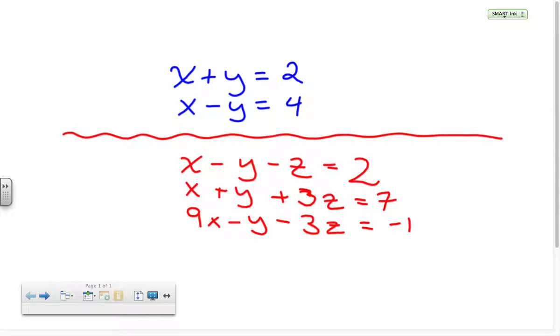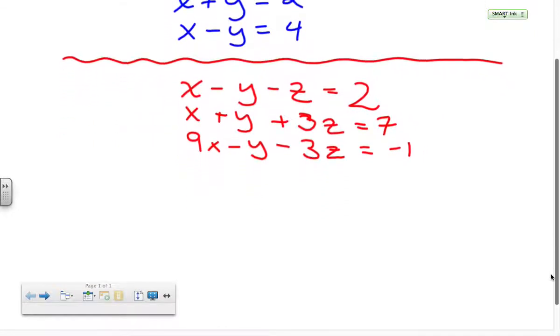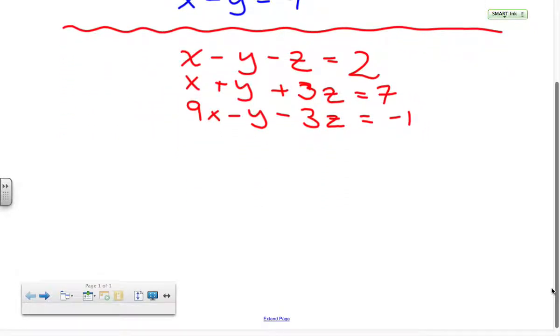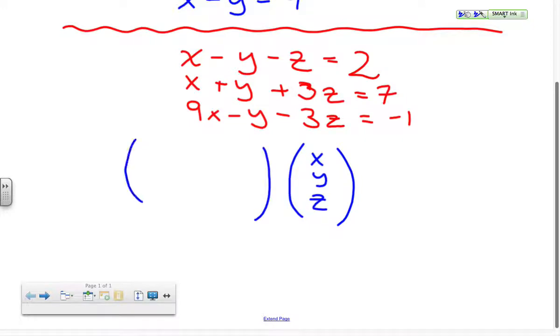Here we have this system. Now, what we're going to do is introduce this as a matrix. I want to take the x, y, and z as a single matrix, so the variables are all in their own matrix. And then we're also going to have another matrix that has all the coefficients.